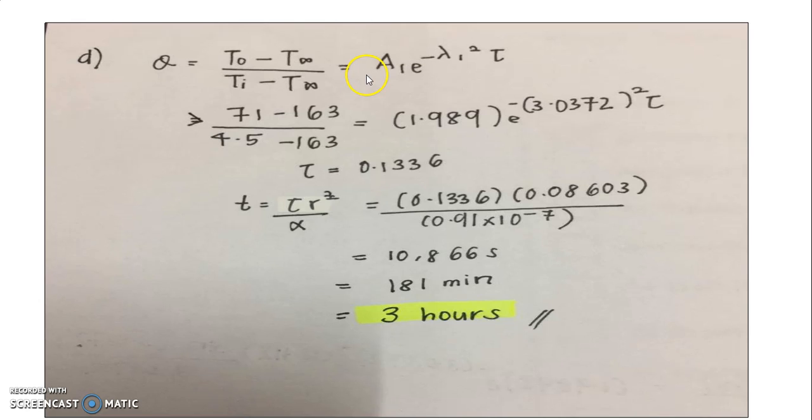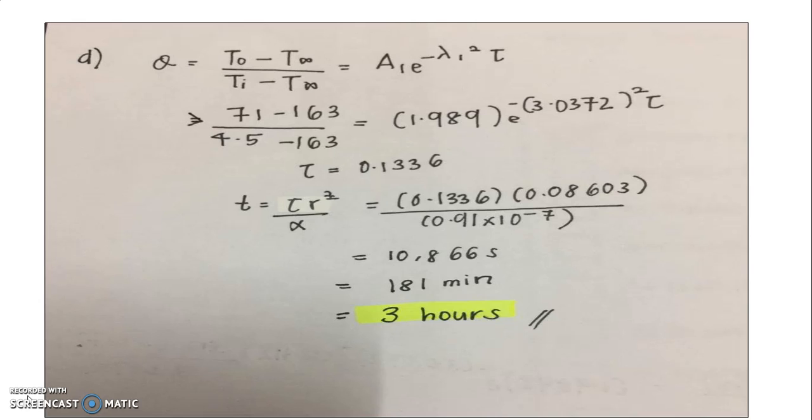All the values are given and we need to find the tau, which is 0.1336. After that, we can substitute it into the equation tau equals alpha t over r squared, where all the values are also given, and we will get 181 minutes, convert to hours, we will get 3 hours.